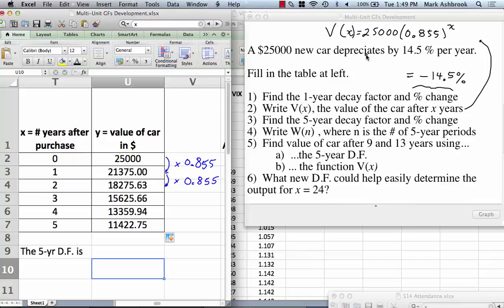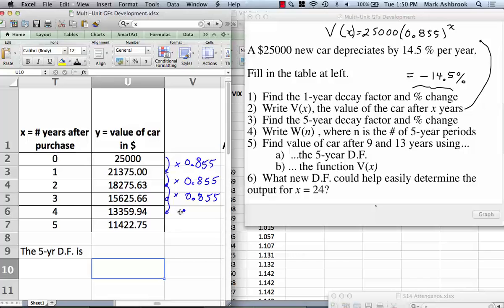Okay, so now the 5-year decay factor. So how did you find the 5-year decay factor? Omar? It's the original decay factor to the power of 5. Can you explain why? It's because of 5 years. You have to multiply 5 times by 0.855 times 0.855, to give you the exact amount in 5 years. That's right.